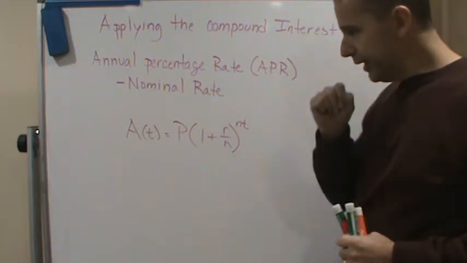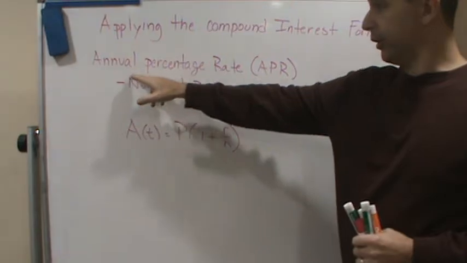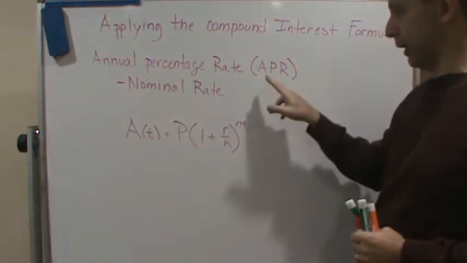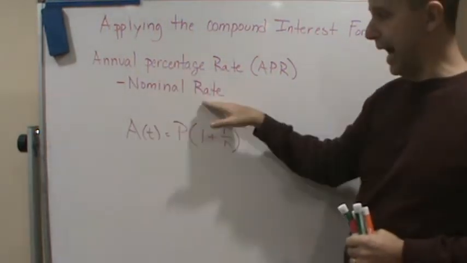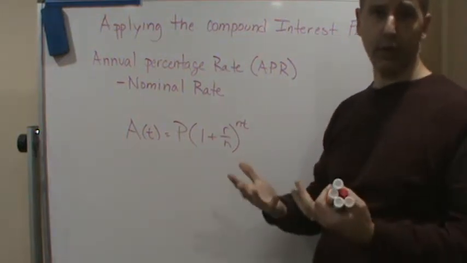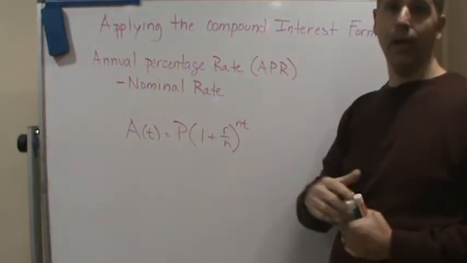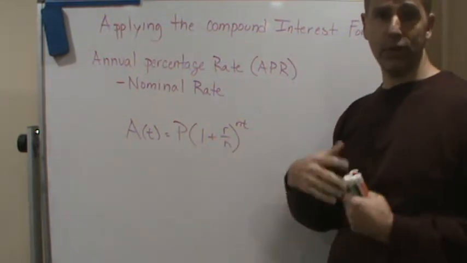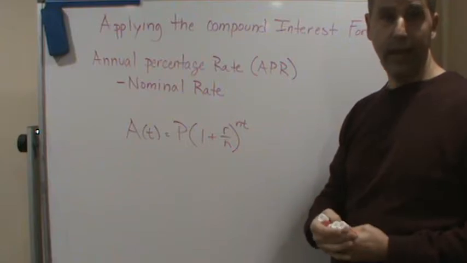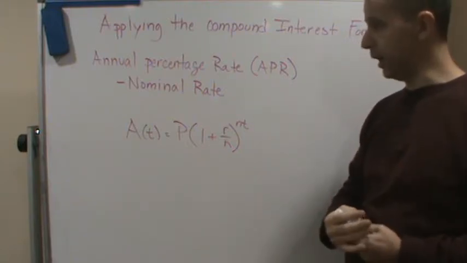Now, the interest rate, or what we call the annual percentage rate, or APR, or what's also called the nominal rate. On your credit card statements, it'll say APR, that's the nominal rate, but there's also another rate which is called the APY, the annual percentage yield, but that's something different.